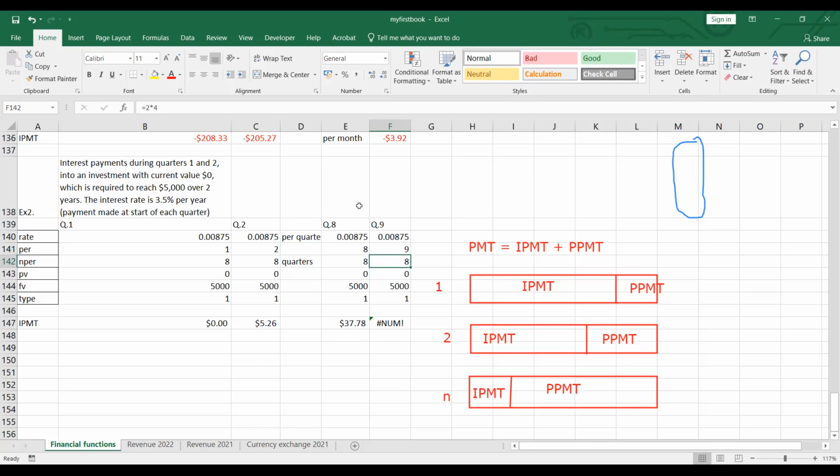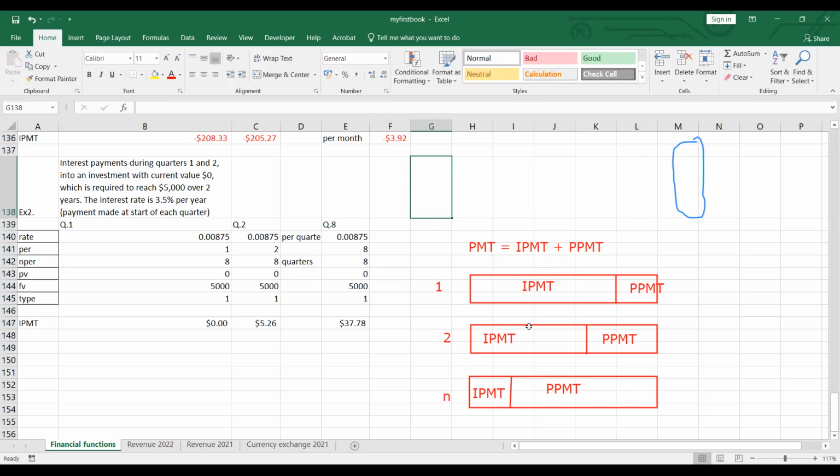That means we have no more quarter 9. We pay for just 2 years only, and quarter 9 is over 2 years already, so that's why it caused the error.